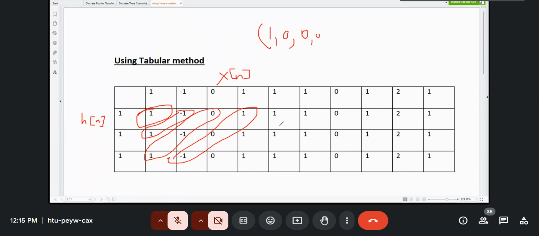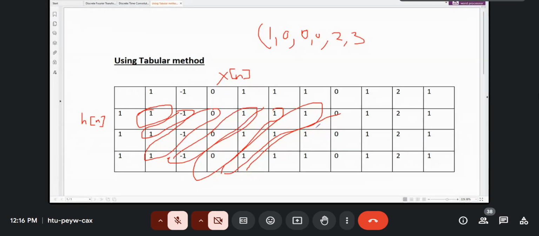And this sample is 1 plus 1, 2. This sample is 3. This sample is 2. Is something going wrong somewhere, or did I make a mistake somewhere? This is 1 minus 1, 1 minus 1, 2, 3.